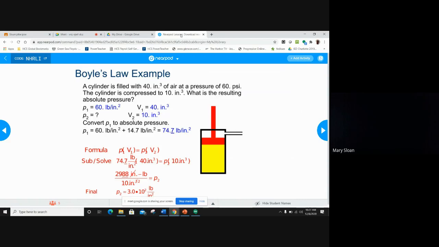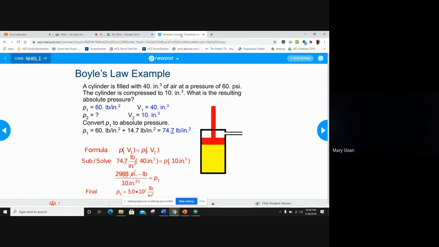What is the resulting absolute pressure? Okay, so here we are again. P1 times V1, right? So let's do P1, V1, P2, V2. Now what I would like you to do is get your notes out for today. Turn your sheet to your notes. I would like you to write this down.